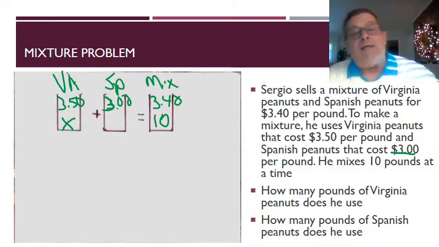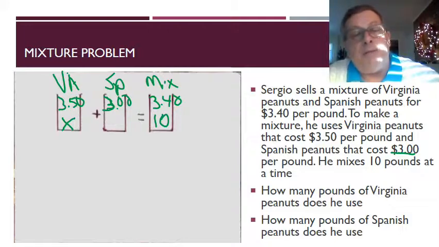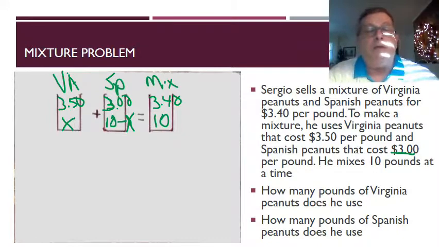And if I've got 10 pounds in the mix, and I'm going to use X pounds of Virginia peanuts, that means my Spanish peanuts have got to be 10 minus X. And why is it 10 minus X? Because I've got 10 total pounds in this mix. So however many pounds of Virginia peanuts I use, I take 10 less that, and that tells me how many pounds of Spanish peanuts I use.